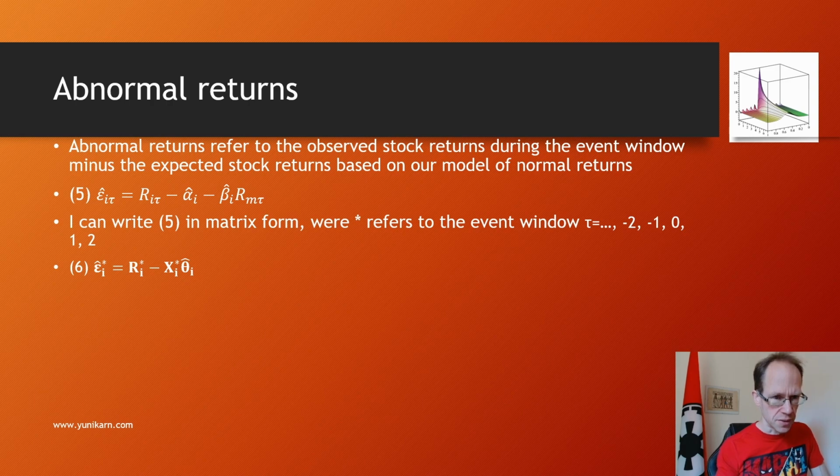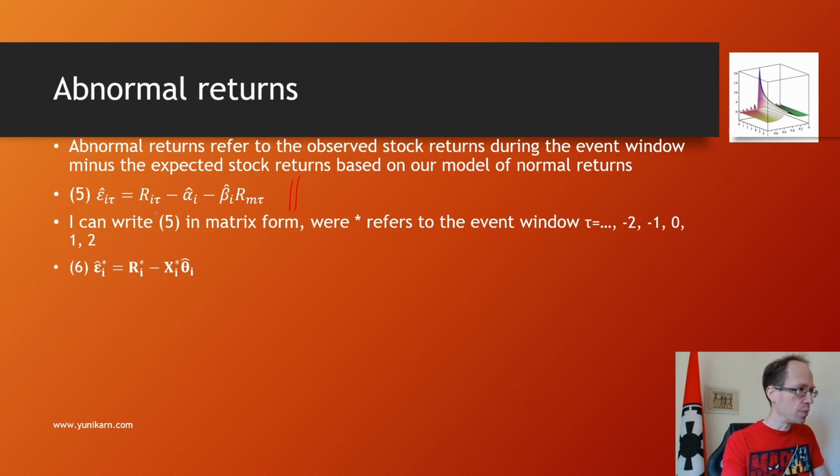Abnormal returns refer to the observed stock returns during the event window minus the expected stock returns based on our model of normal returns. In our case, we used a market model, but we also spoke about a constant mean return model, which is just a simplified version of it. You just set beta equal to 0 and you are in a market model. So equation 5 exactly describes how I obtain abnormal returns.